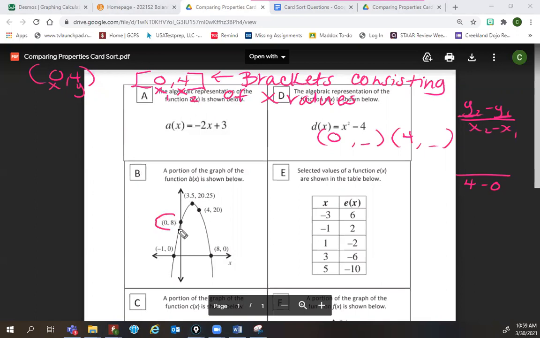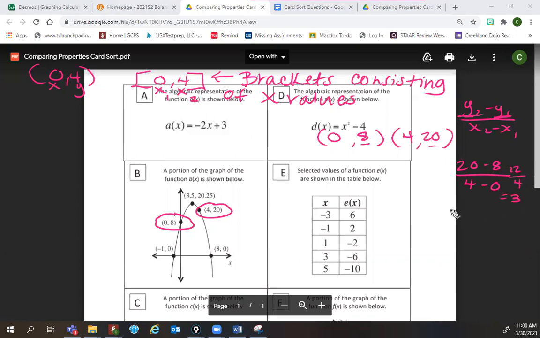Yeah, I would look here and here. Why? Because this is where x is 0. And then what is the y? 8. Where x is 4, what is the y? 20. So 20 minus 8, 12 divided by 4 is what?